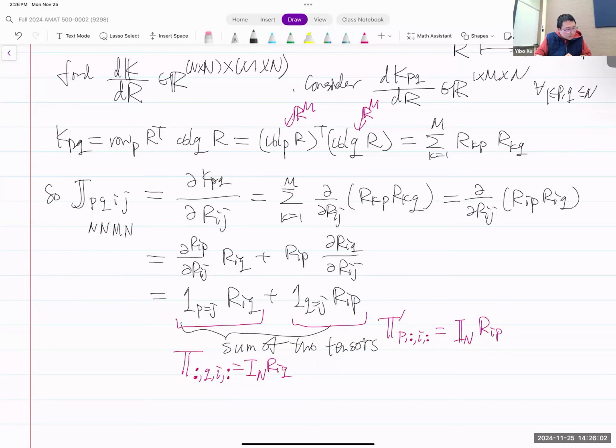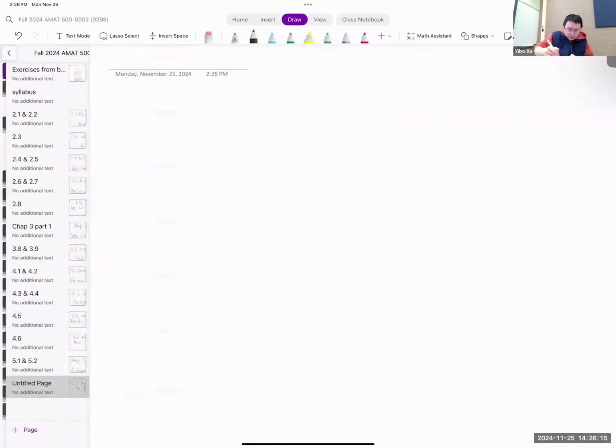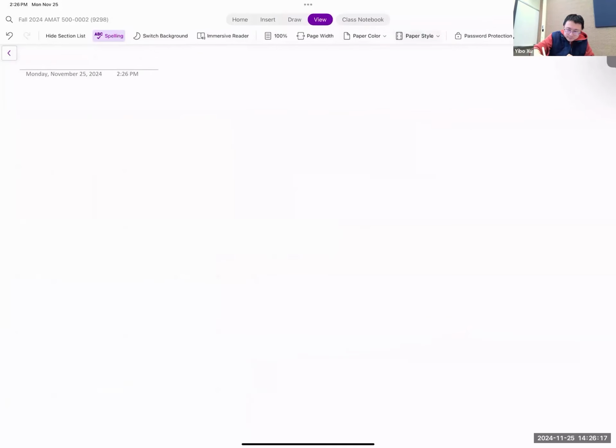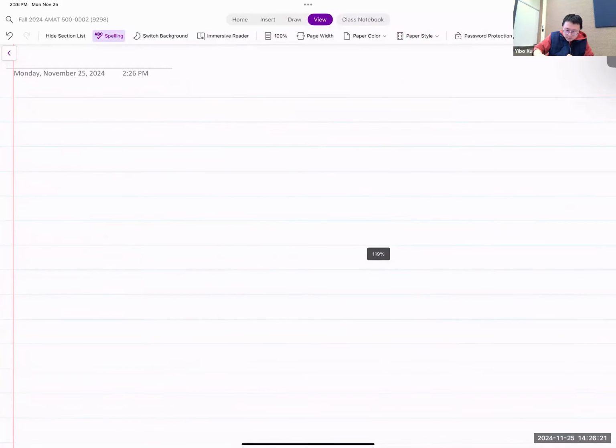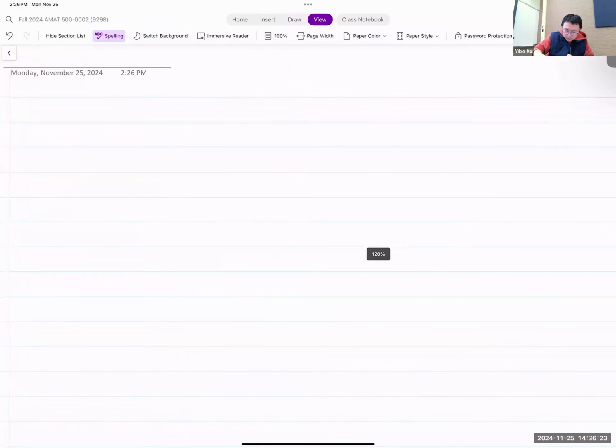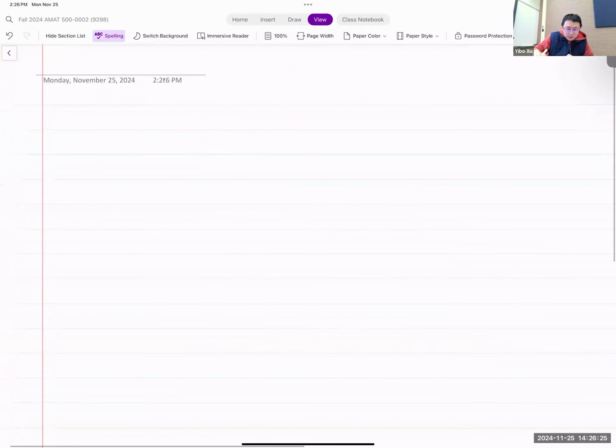So let's continue with 5.5. I think we need another page. So let's jump into 5.5. 5.5 is a section that's relatively short in the book.